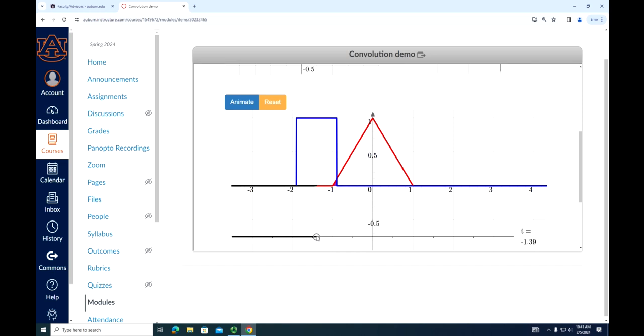Now you will start to see some output, because we start to see some intersections. For that triangular shape we can calculate the area, and that area, the integration, is the output of the convolution.